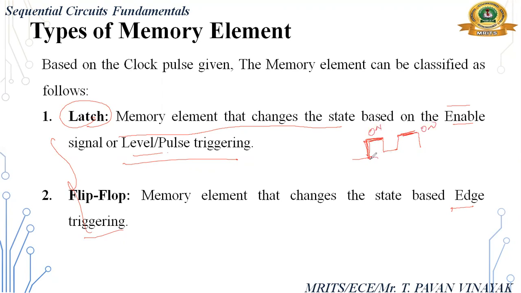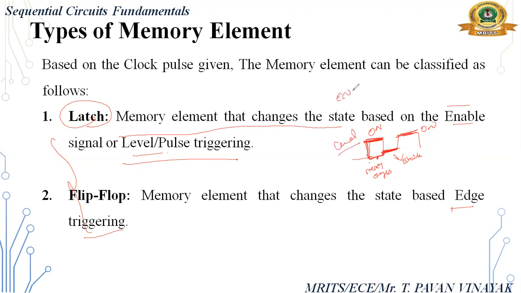During this entire time the memory will change, and at this time the memory is stable. This is level triggering, right?